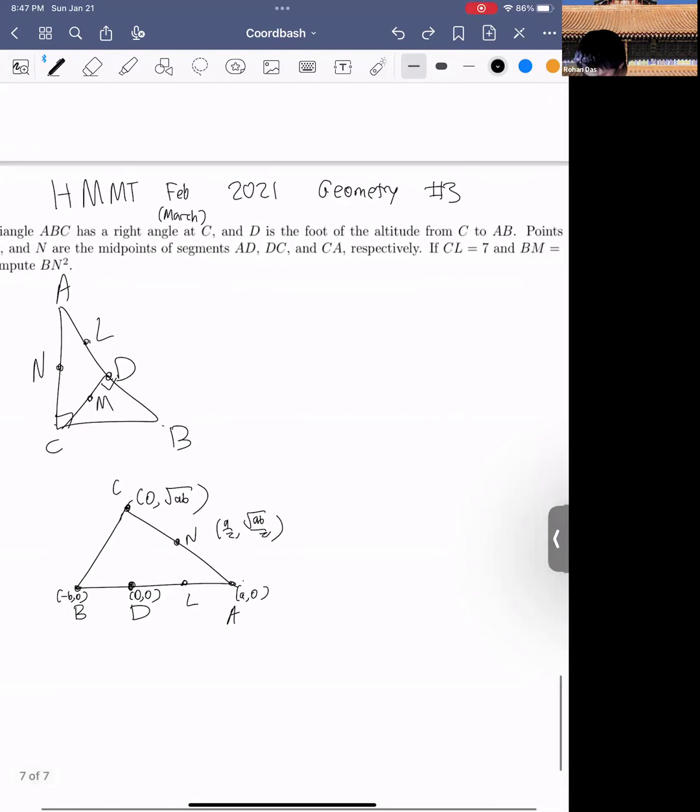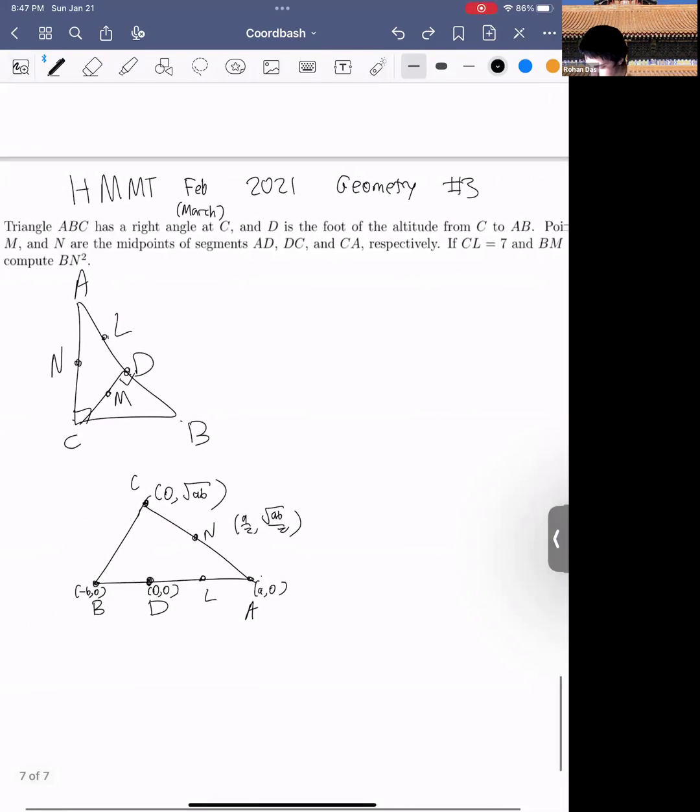So CL is 7. That means CL squared is 49, and then we multiply that by 4 for convenience, because this is a over 2, 0. And that gives that a squared plus 4ab equals 196.